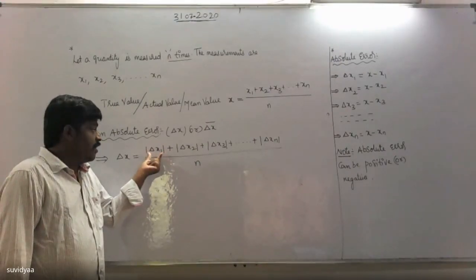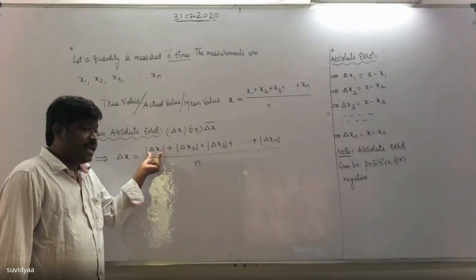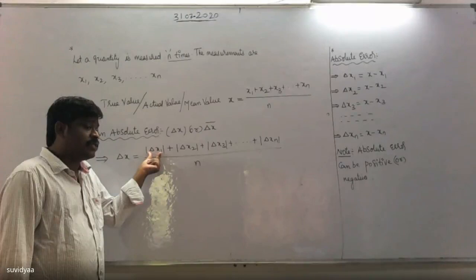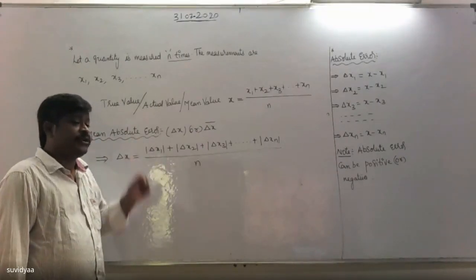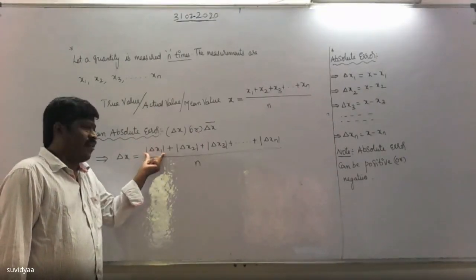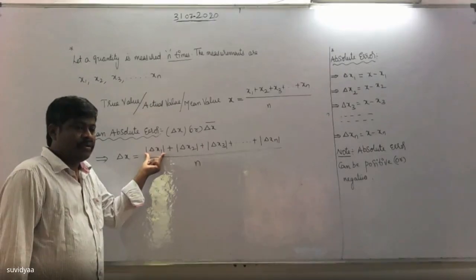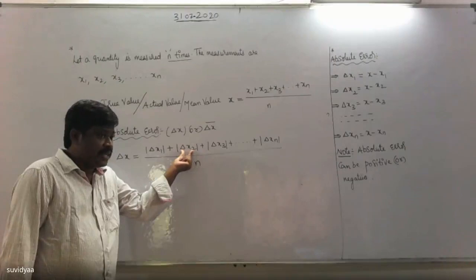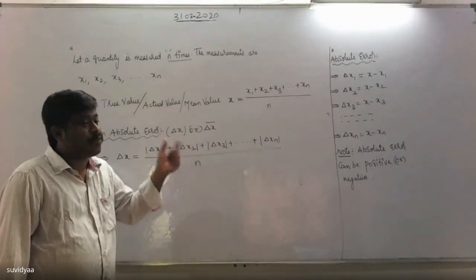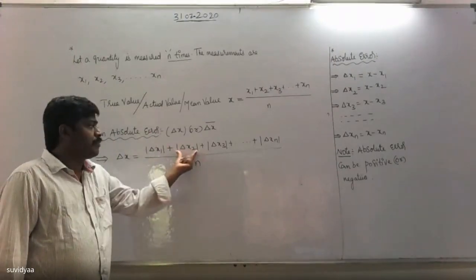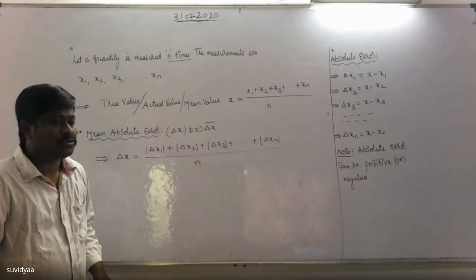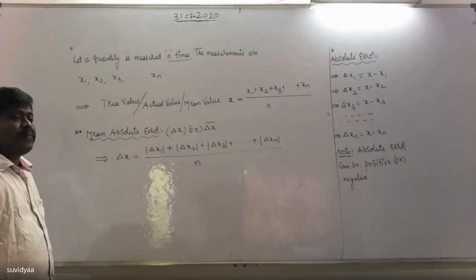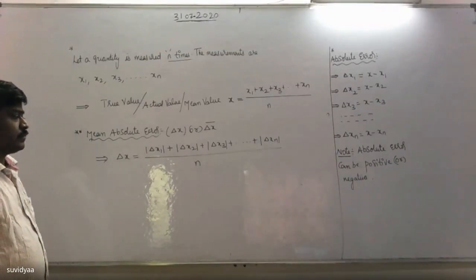Even though delta x1 value is negative, it will be positive only. Why? Because we kept magnitude. Even though the value is negative, it is considered as positive only. Understood? So remember, this is the formula for mean absolute error.